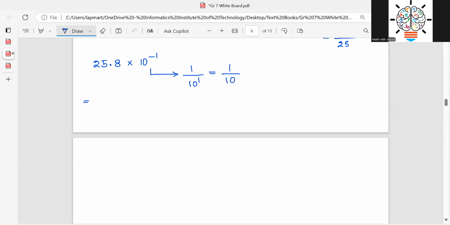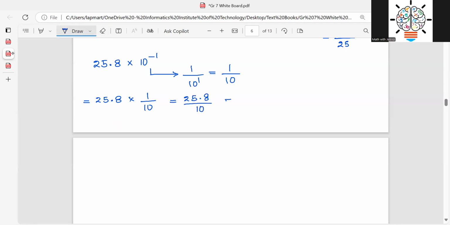Now I rewrite the question, 25.8 multiplied by 1 over 10, right? 25.8 multiplying by 1 over 10 means dividing by 10.